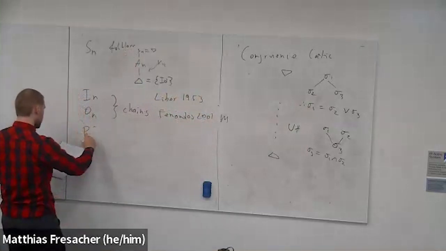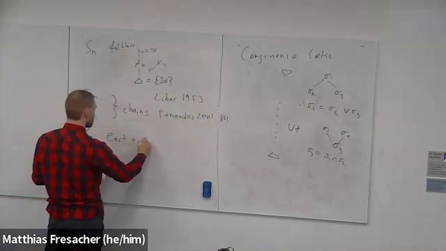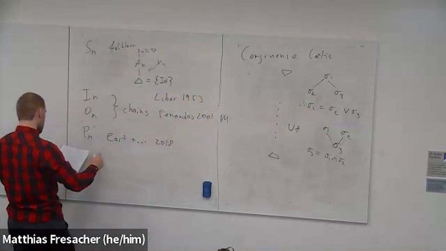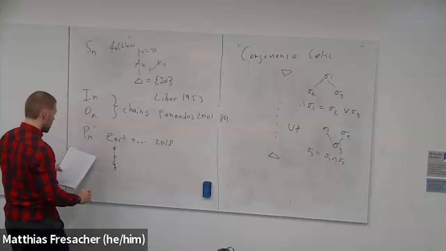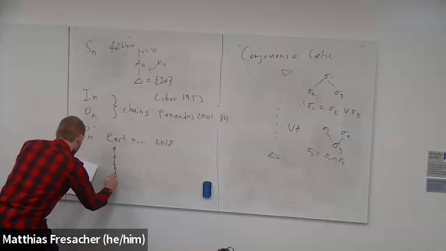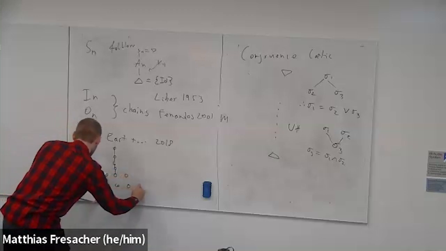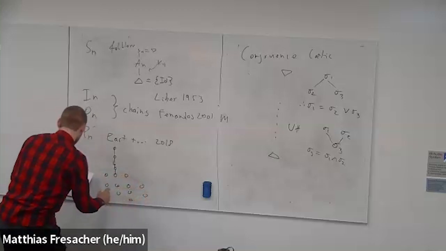Then in the partition monoid, this is from East and a few others from 2018. They discovered that we have a chain at the top, and then let me draw this out. So then we have 3 in a row, then 1, 2, 3, 4, 1, 2, 3, and 1 at the bottom.